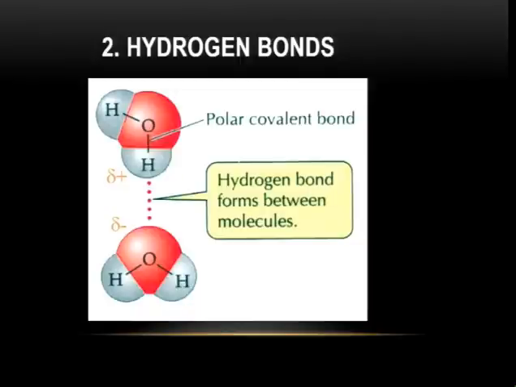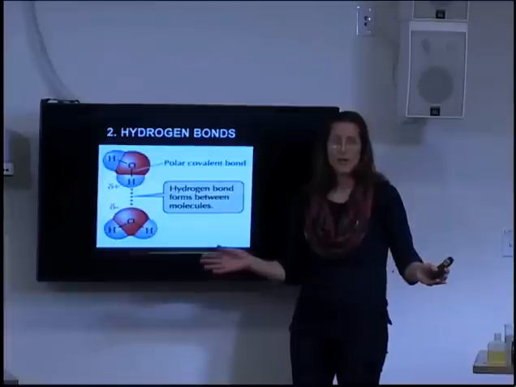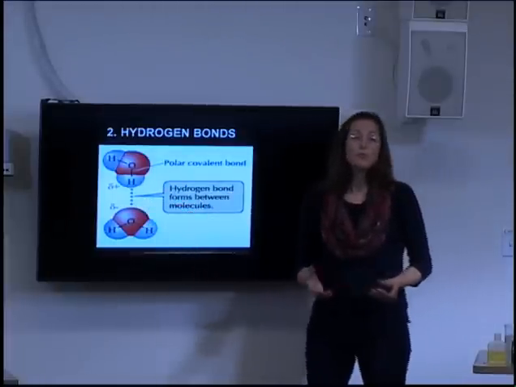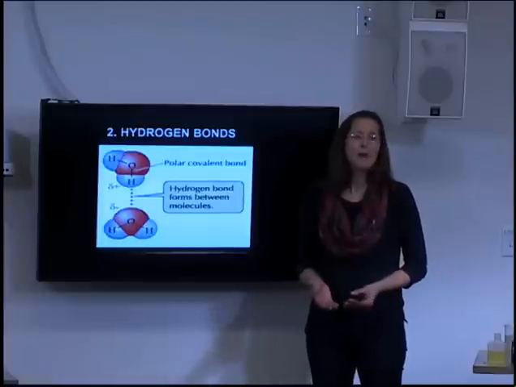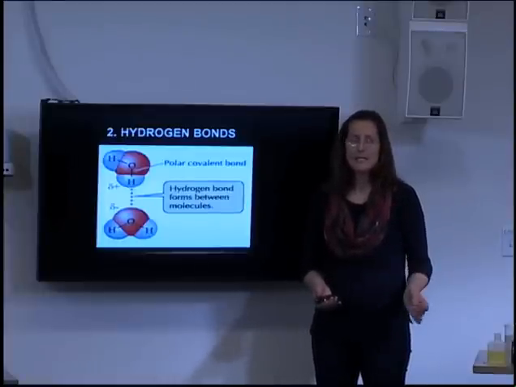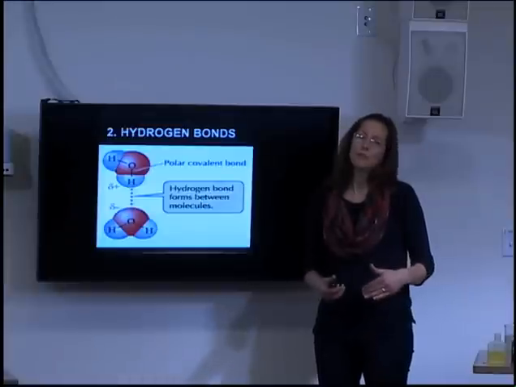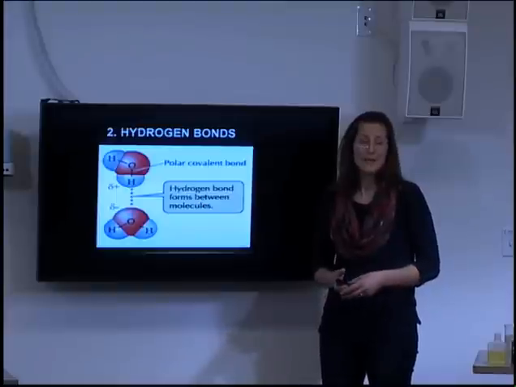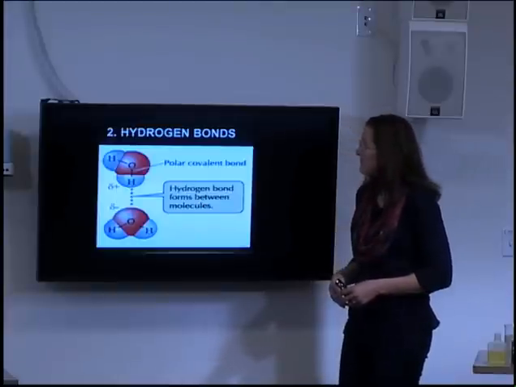So if water gets around other water molecules or anything else that has O to H or N to H, it forms what's called a hydrogen bond. These are really weak, but of tremendous biological significance. You're going to have these in proteins, you're going to have these in DNA. These are really, really important bonds, and their importance lies in their weakness, which is interesting.